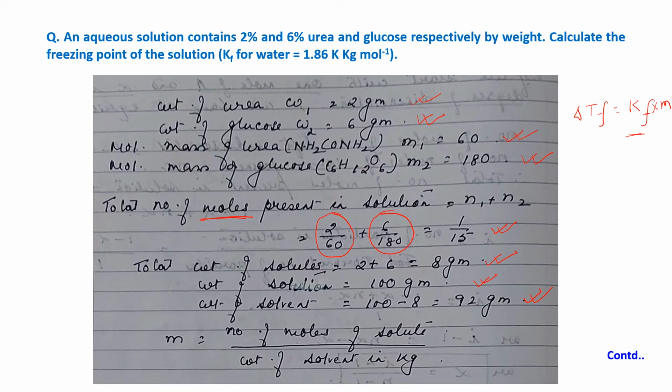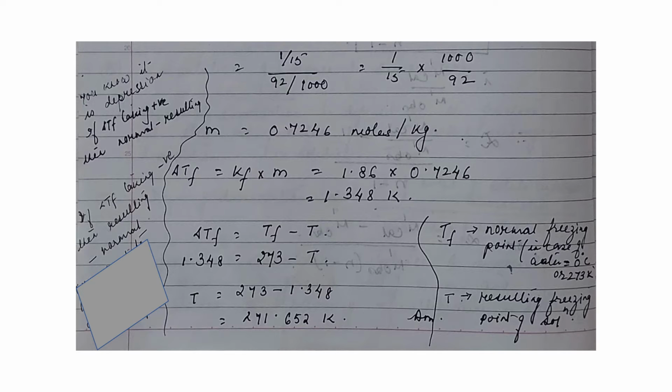Am I clear? So molality m is equal to number of moles of solute divided by weight of solvent in kg. But we are getting here weight of the solvent in gram. So it will be 1 by 15, the number of moles of the solute, divided by 92 by 1000.